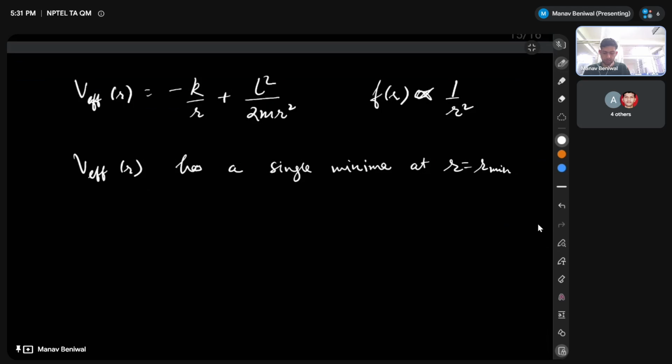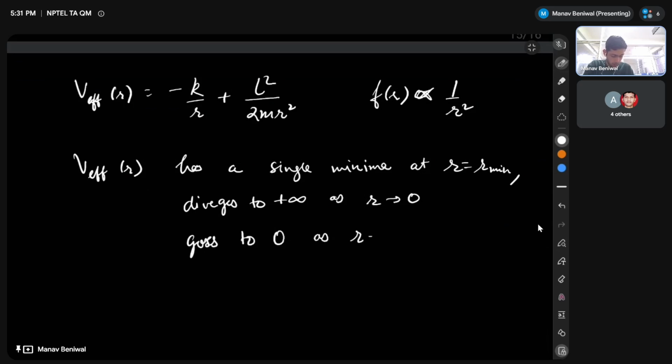Okay, it will have some single minima, and then this function diverges to plus infinity as r tends to 0, right? And this function goes to 0 as my r goes to infinity.